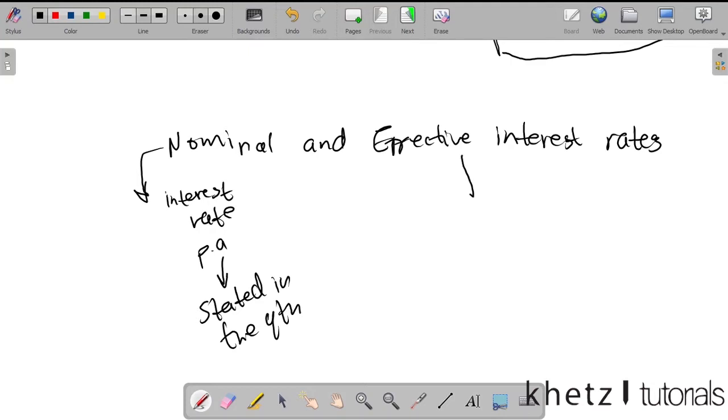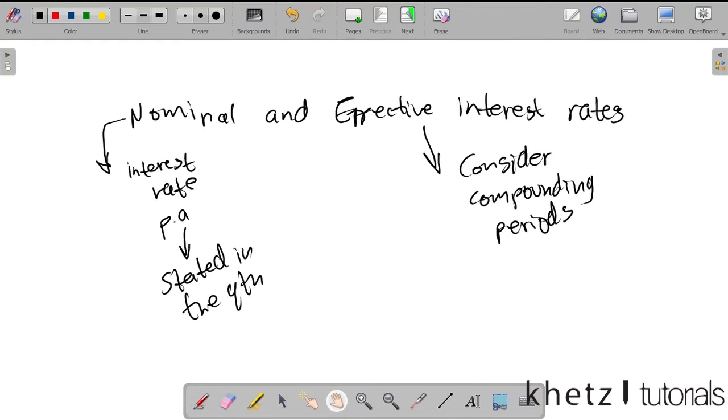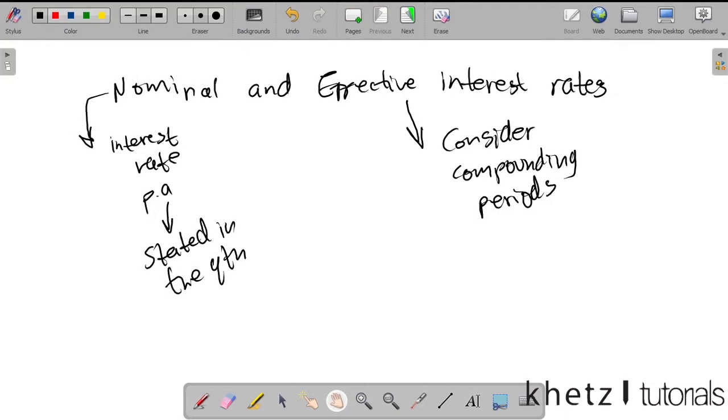Your effective interest rate would be the actual rate which is used when we actually consider compounding periods. So we're talking about compounding periods, and you can immediately see that we're actually talking about compound interest. That is what we're talking about here.